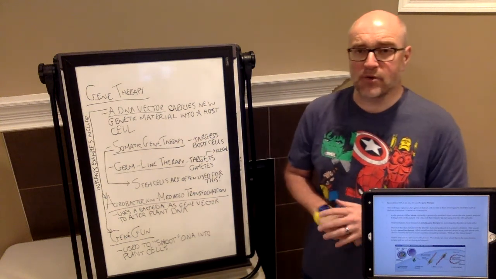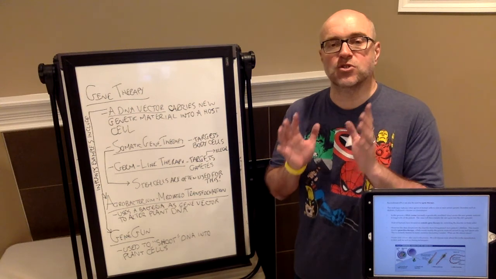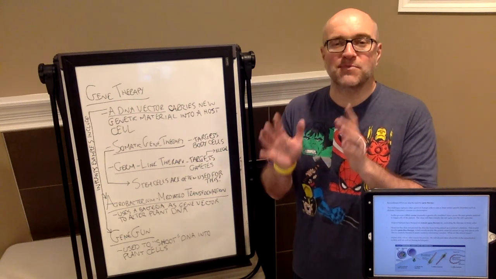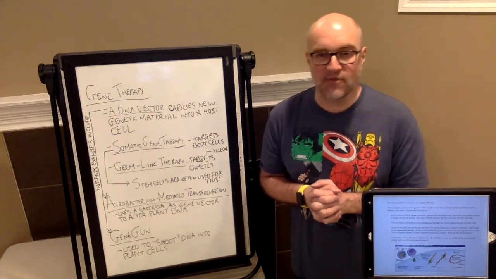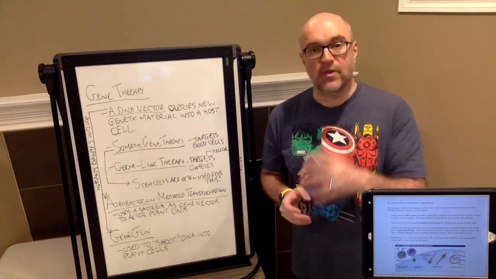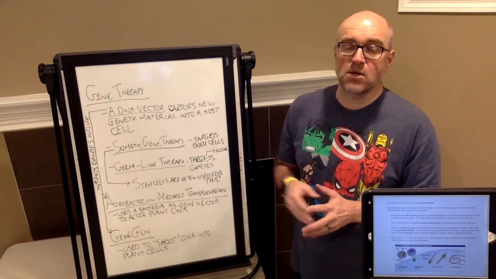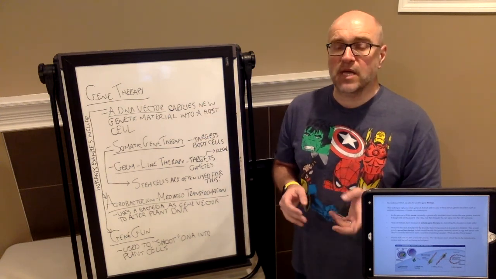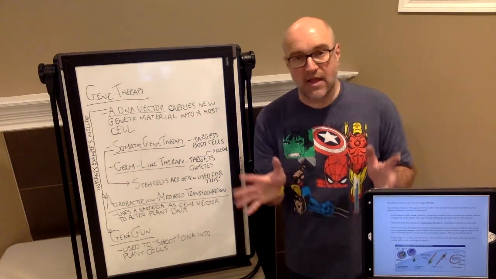It's a disorder that produces above average amounts of mucus in the respiratory system and in the digestive system, which causes problems with breathing and with digestion, respectively. What we can do through an inhaler is introduce into the lungs what we call a DNA vector.